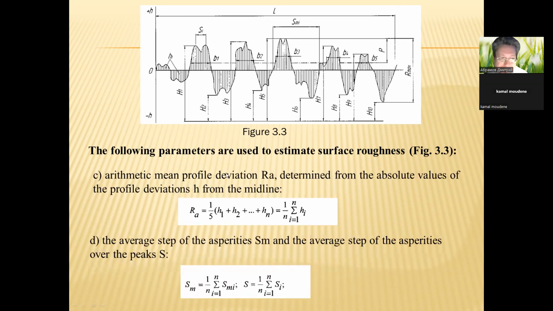Next parameters. Arithmetic mean profile deviation, R suffix A. RA is determined from the absolute values of the profile deviations H from the midline. You can see in this figure the midline.